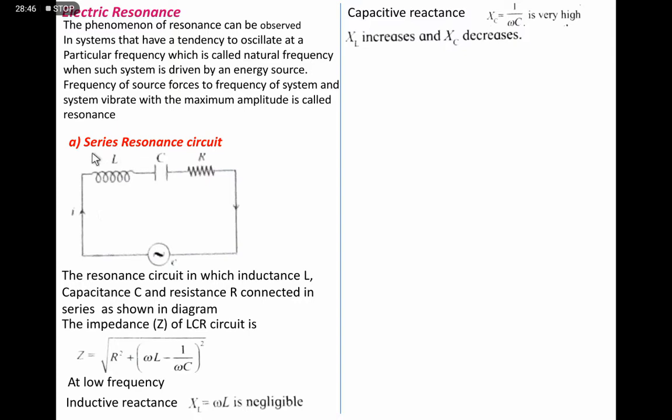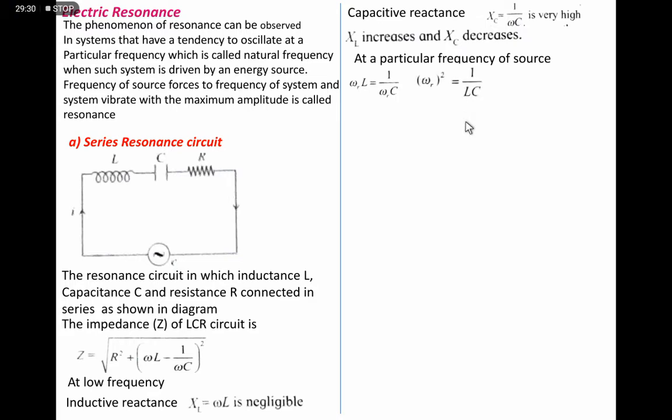The opposition to the flow of current across the inductance goes on increasing, and the opposition to the flow of current across the capacitance goes on decreasing. At a particular frequency of the source, that is the AC generator, the inductive reactance and capacitive reactance become equal, because the inductive reactance goes on increasing and the capacitive reactance goes on decreasing.